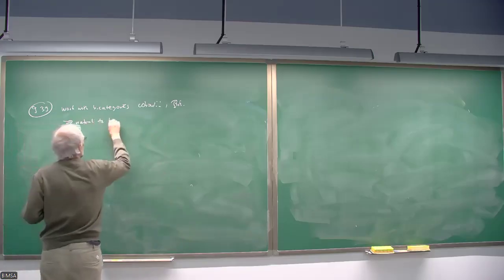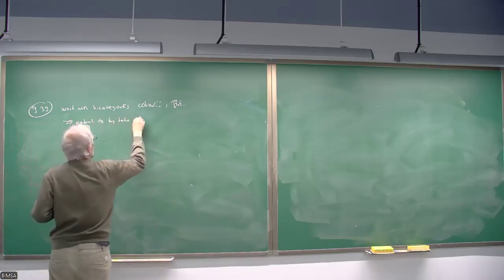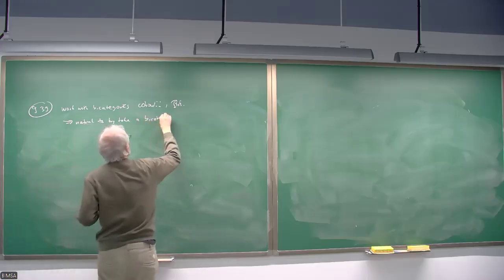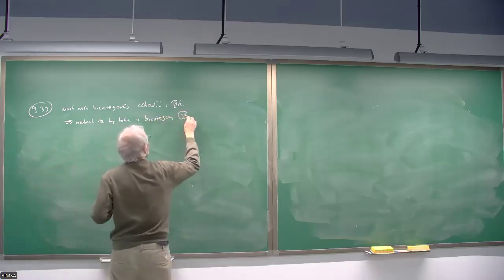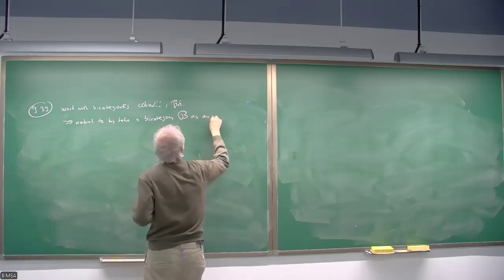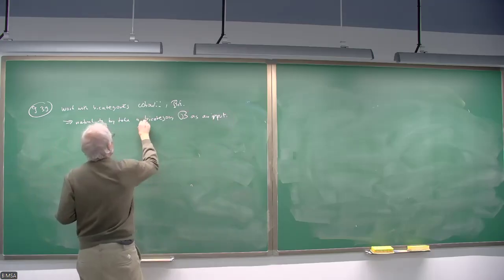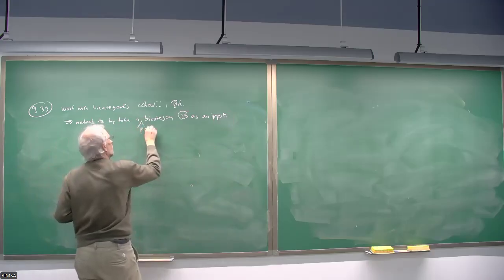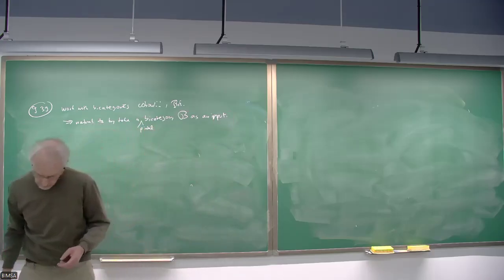To take or try to take a bicategory E as an input datum. And actually we need a pivotal bicategory, and I have to say a little bit about that.